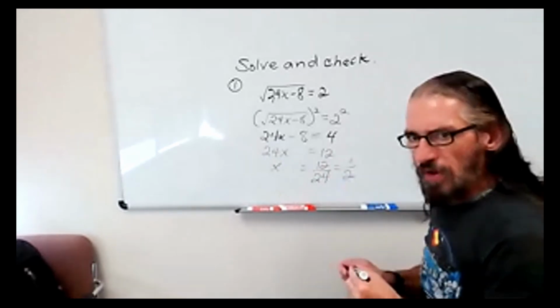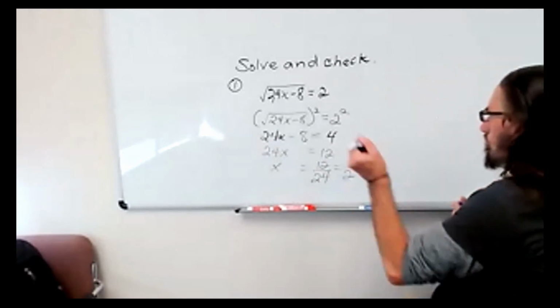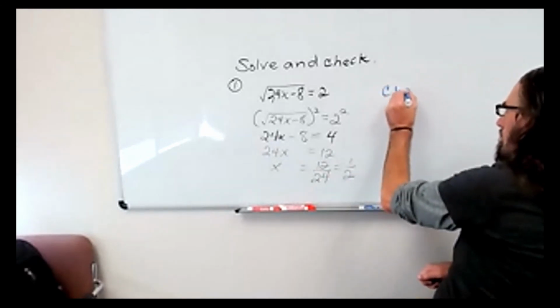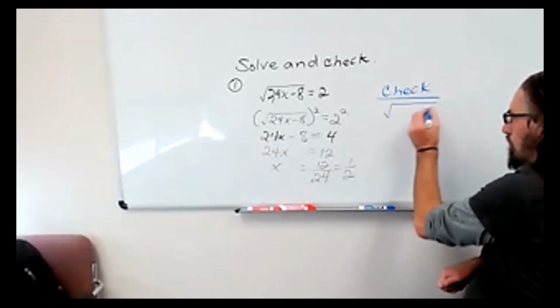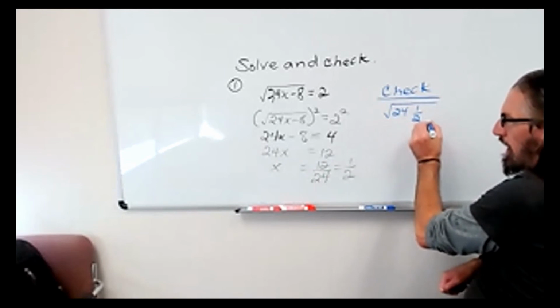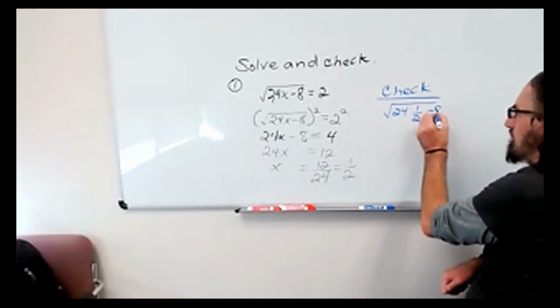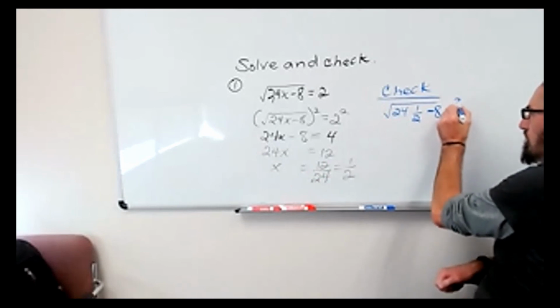And if we plug that back into the original equation, we want to see if multiplying 24 by 1/2, then subtracting 8, and last taking the square root, does that give us 2?